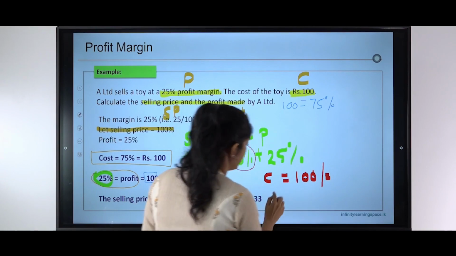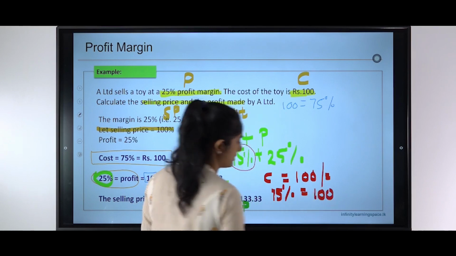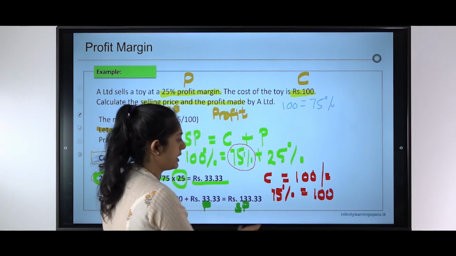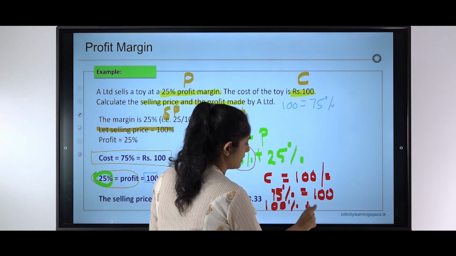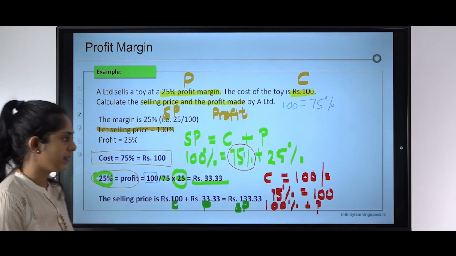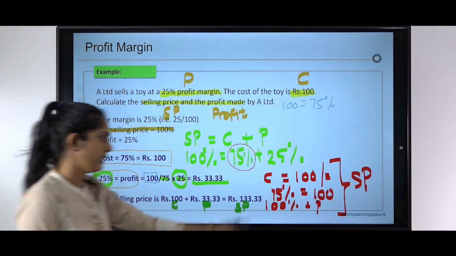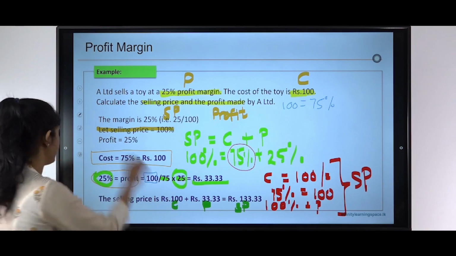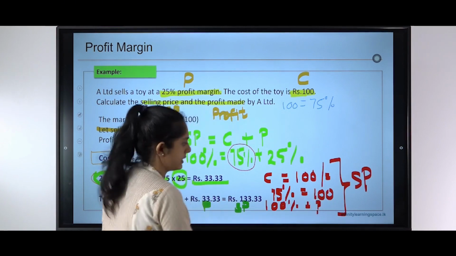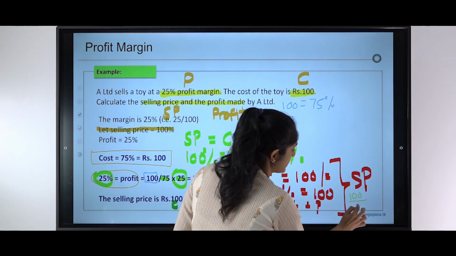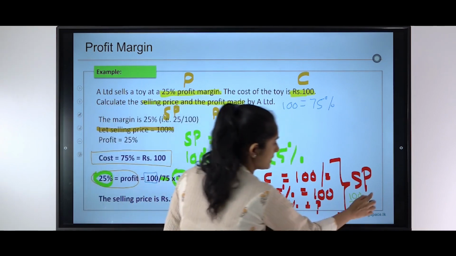That is 75% is equal to 100 rupees, right? So we could have worked backwards and found how much is 100%, right? So that will give you the selling price. So if you calculate that 100 divided by 75%, that's your working. The working here will be 100 divided by 75%, and you'll get the same answer, 133.